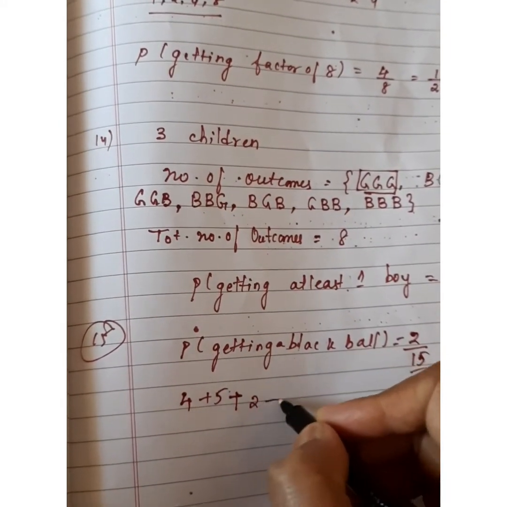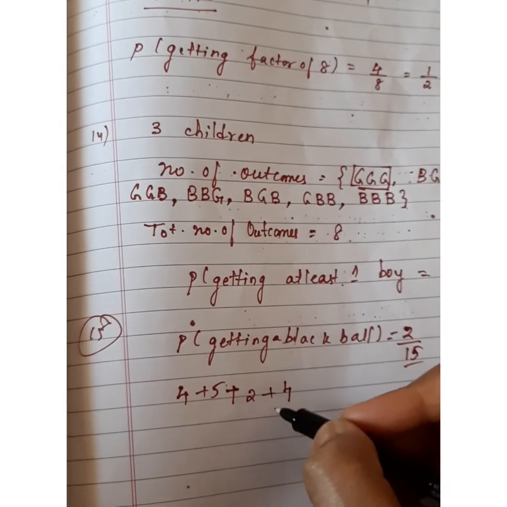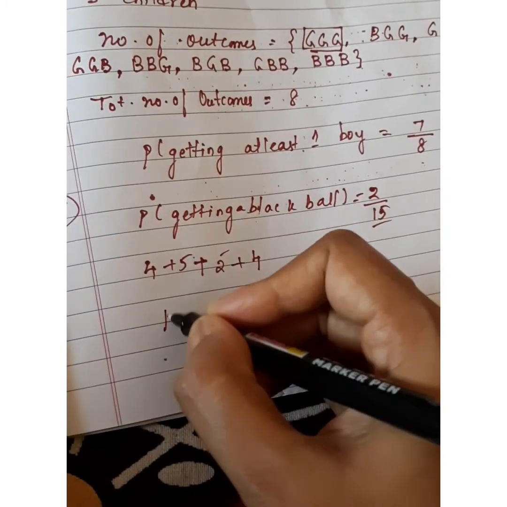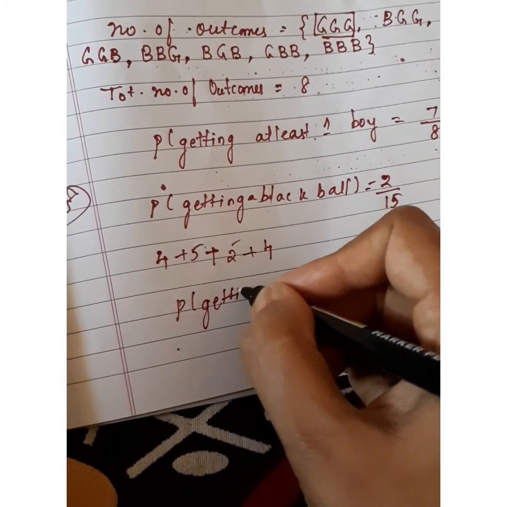So 4 plus 5 plus 2 plus 4, that's going to be 15. So probability of getting black is 2 by 15.